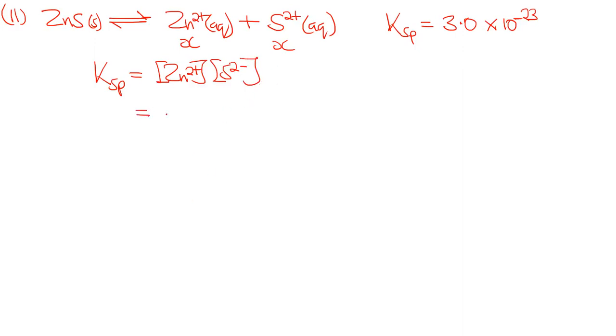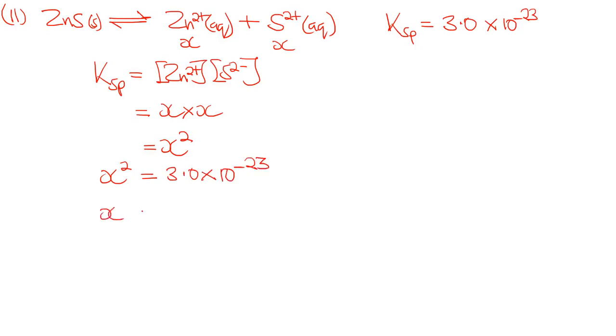Now by substitution, we'll have X times X, which is equal to X squared. So X squared is equal to our KSP, which is 3.0 times 10 to the power negative 23.